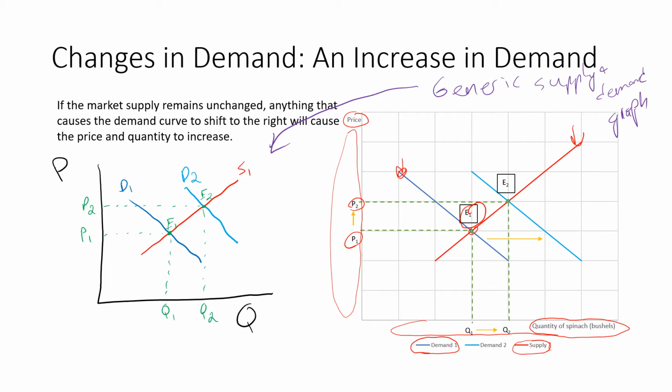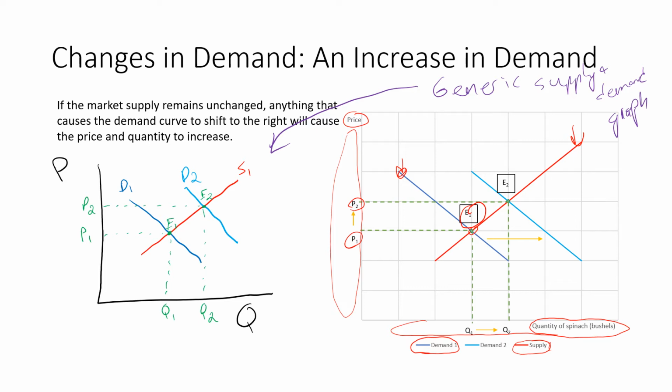I'm going to want you to pay attention to drawing these generic supply and demand graphs, because I'm going to be asking you to draw some of these in your homework. So pay attention to how we do it. It's not that difficult. Our first couple we're going to look at will look more like this, just to be familiar and so that we can see exactly what's taking place.